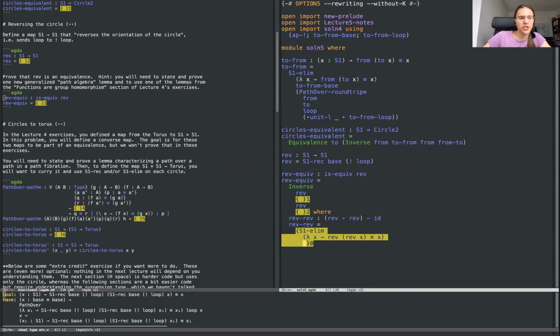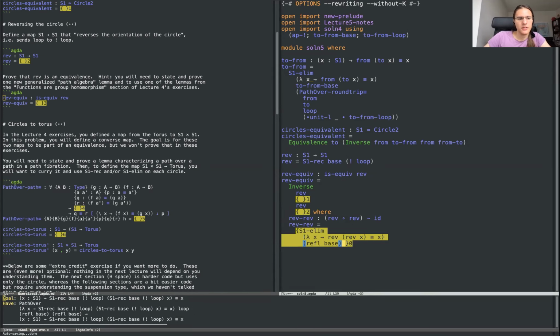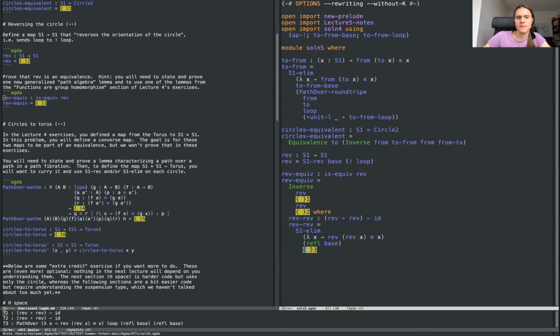But that's just showing that base is base. So refl base covers that case. And now I need to show something interesting. I need to show this path over. But once I have that path over, it'll give me what I want.